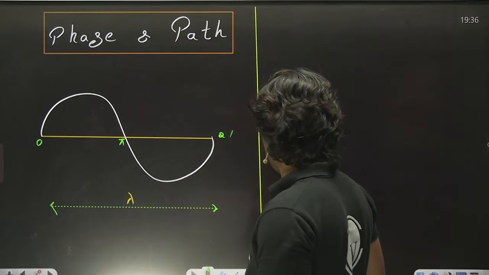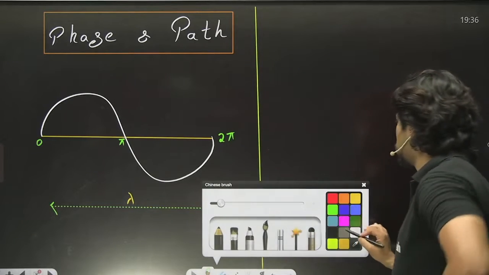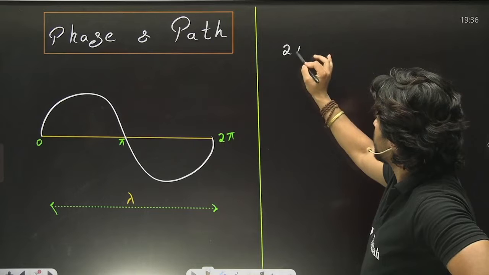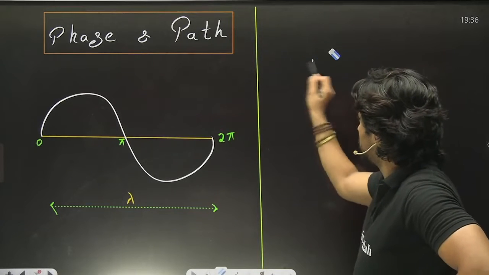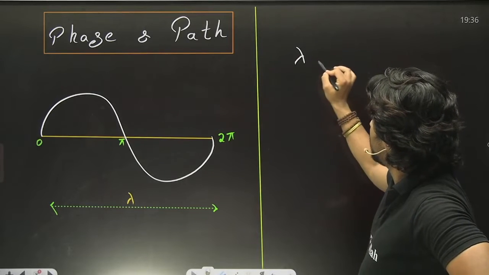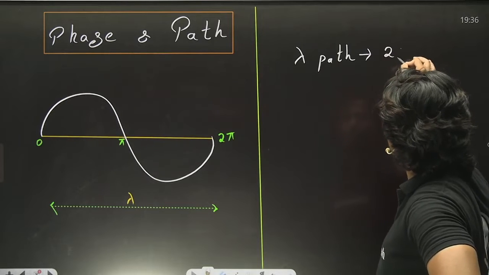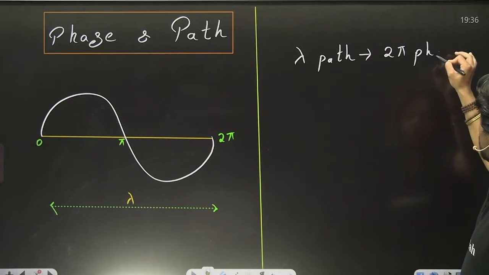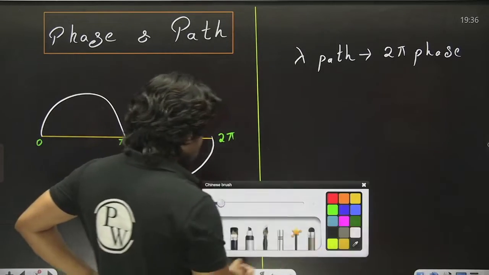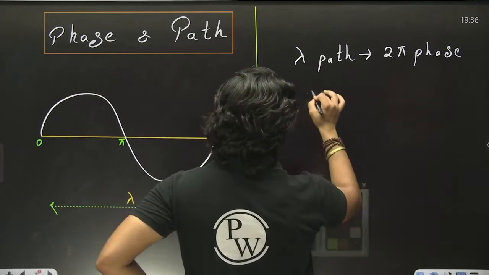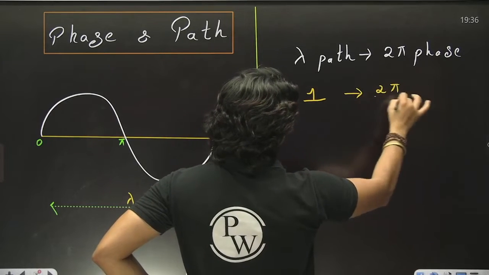That means 2 pi phase corresponds to lambda path, or lambda path difference corresponds to 2 pi phase difference. So what does unit path difference correspond to? Unit path difference corresponds to 2 pi by lambda phase difference.